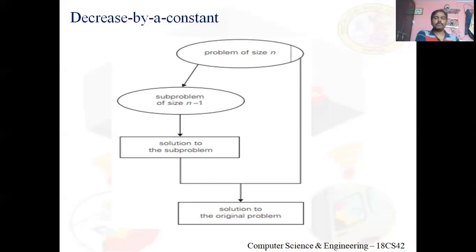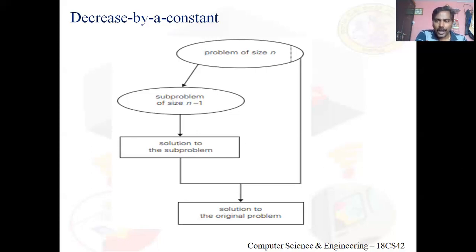Clear? Now, assume that I solved the subproblem with size n minus 1. I got a solution, right? And this solution that I got is nothing but the solution for the original problem too. Got it? Clear?